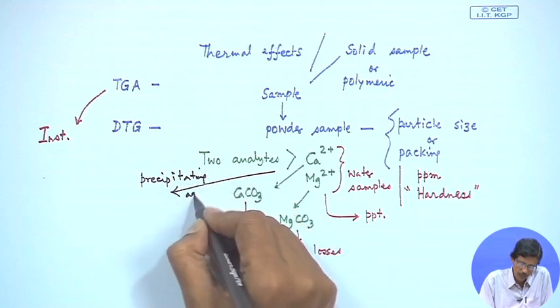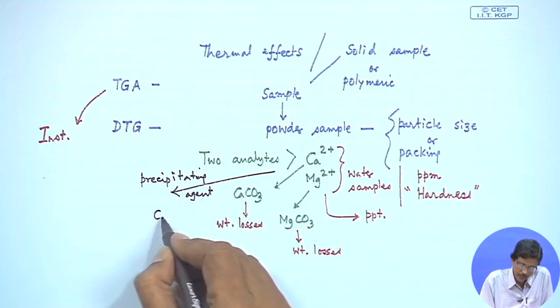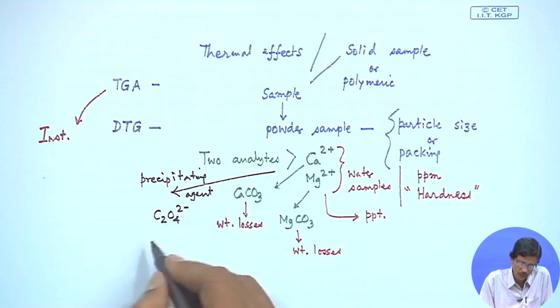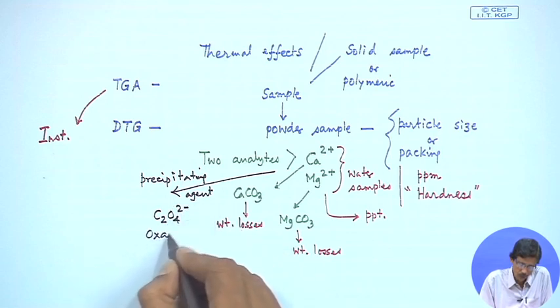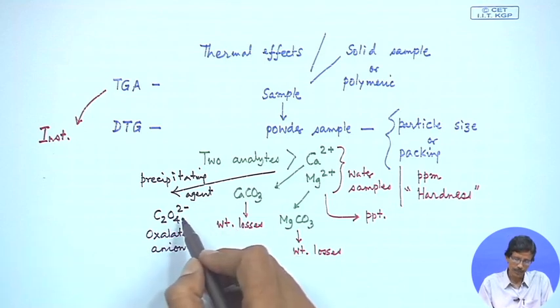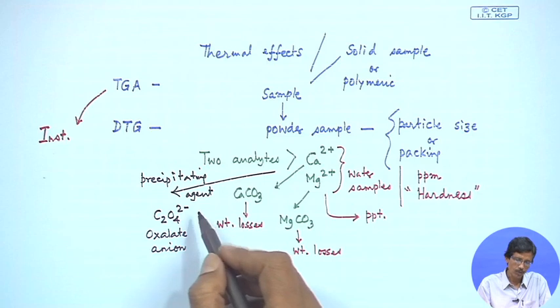So, which is the precipitating agent? The precipitating agent can be C2O4 2 minus, which is your oxalate anion, which has a 2 negative charge, the dianionic form of oxalic acid or sodium oxalate, which we can use.